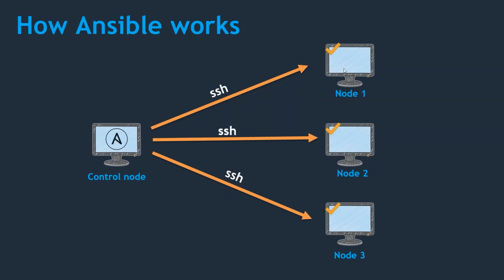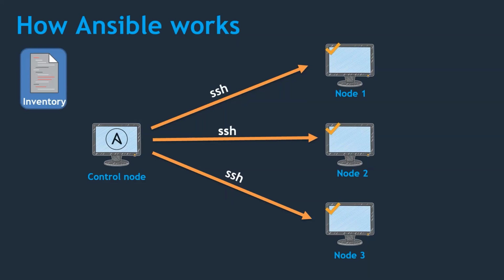If you remember, we discussed it some time back, how we use key pairs. Similar keys we need to generate and push into all the client systems. If we push them into all the managed nodes, it means your Ansible can communicate with your nodes. We are going to see this practically, but for now, just think that your control node is going to manage your managed nodes through the SSH port.